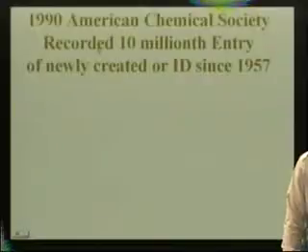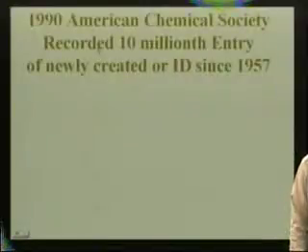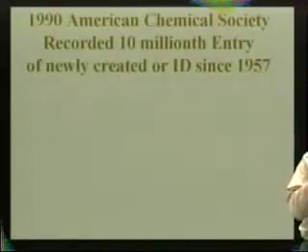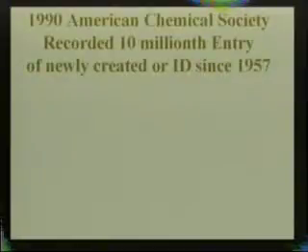All right, here are some stats I wanted to bring up about these chemicals and the difficulty we face in looking at this. In 1990, the American Chemical Society journals recorded the 10 millionth entry of things that have been identified in nature since 1957.